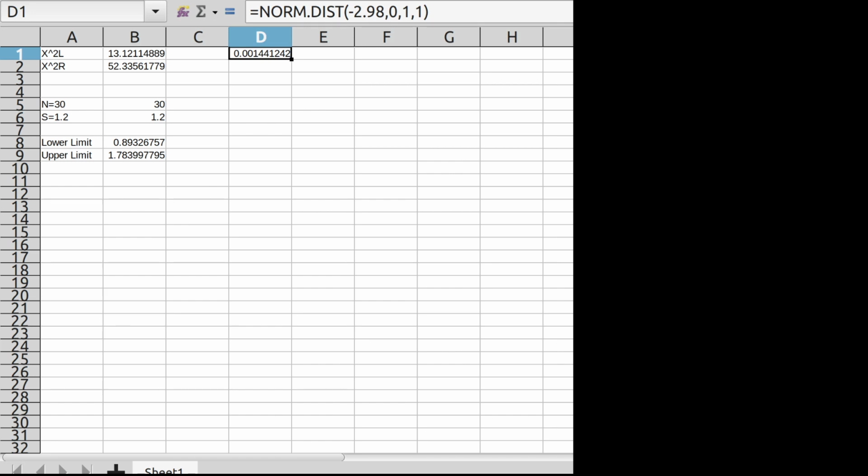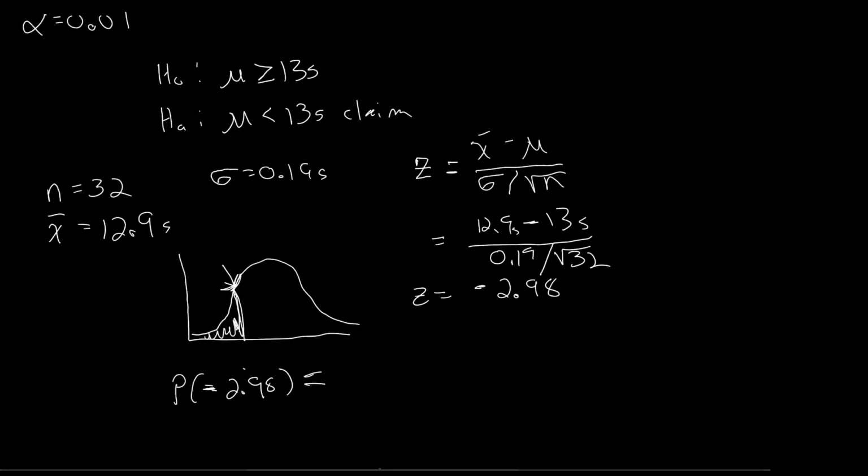And so we'll write down the p-value here. And so what this is saying is this is the probability of us getting a type 1 error. And so now we can compare the p-value to alpha, and we'll see that the p-value is less than alpha.